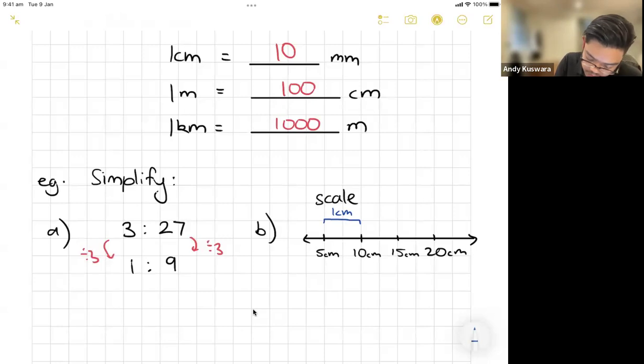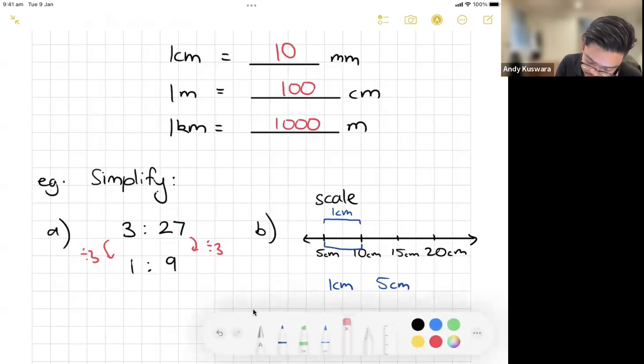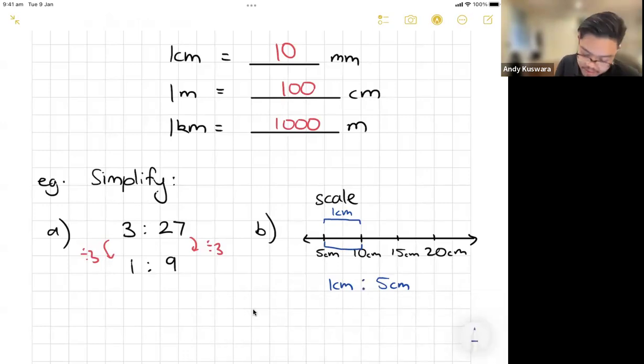And so you can see here that 1 centimeter is represented by 5 centimeters because the difference between 5 to 10, that's 5 centimeters. So that means the ratio is 1 to 5. And that's it. That would be your answer. So the picture itself is 1 centimeter, but the real distance is worth 5.